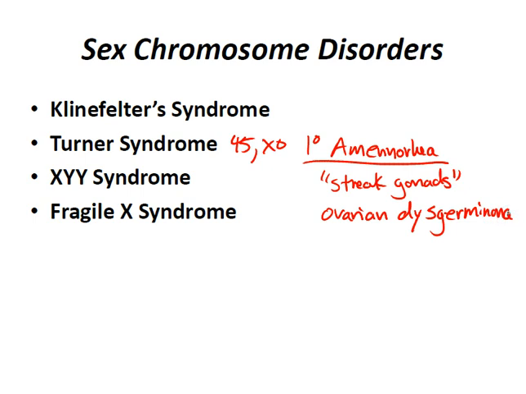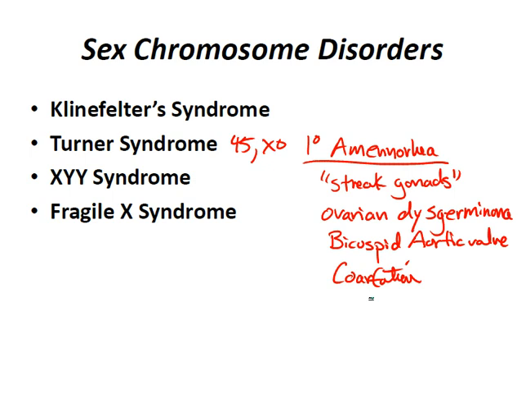Other clinical findings include a bicuspid aortic valve, preductal aortic coarctation, that usually leads to upper hypertension and lower hypotension, and so you're going to see rib notching.